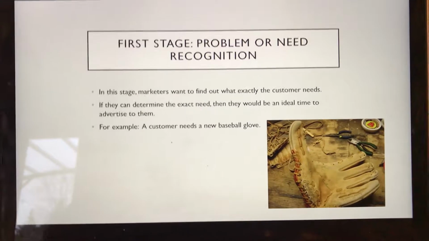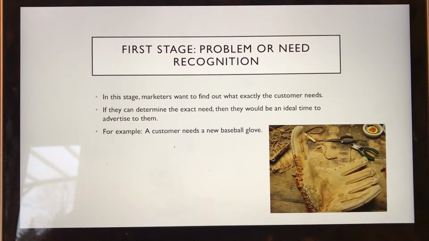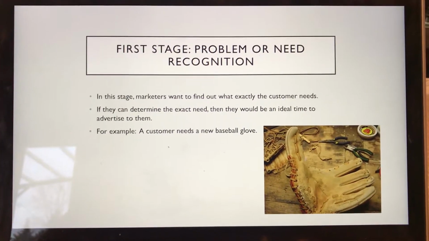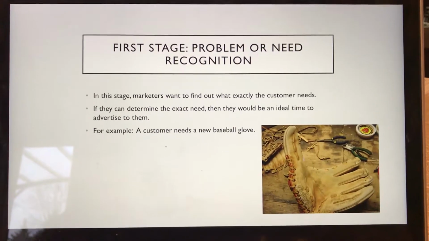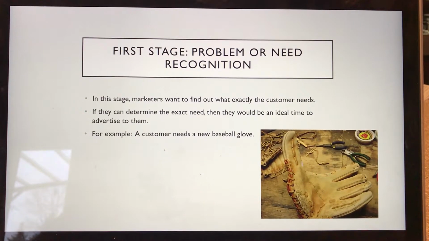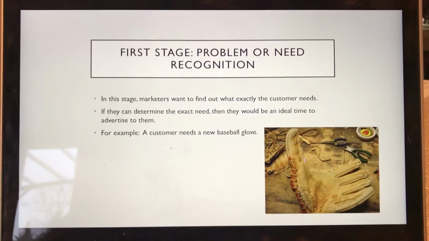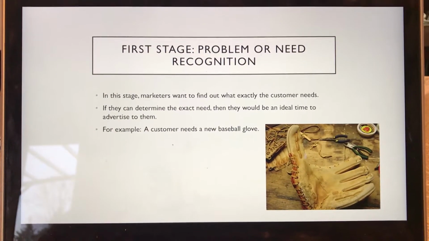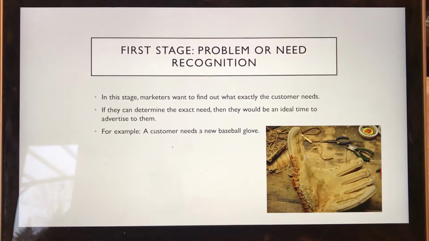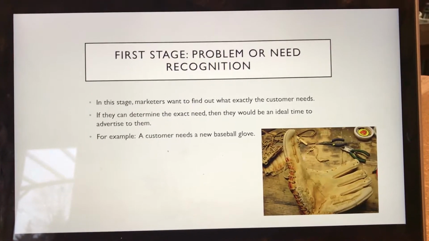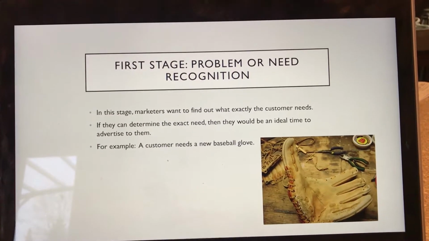So the first stage, the problem or need recognition. In this stage, marketers find out what their customer needs. If they can determine the exact need, then this would be an ideal time to advertise to a certain consumer. This is where you as a consumer decide what you need.